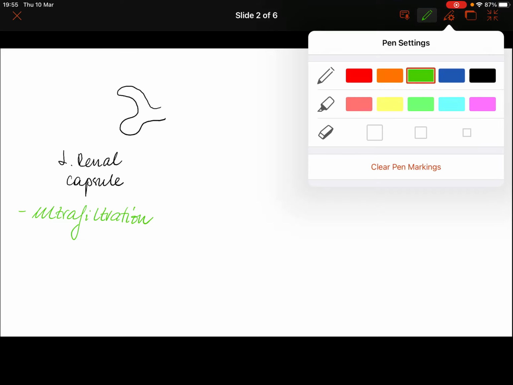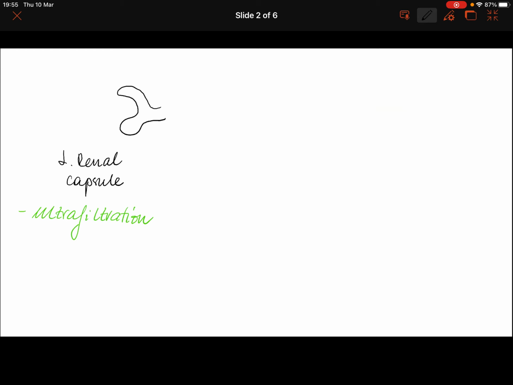Okay. Following the renal capsule, we can then go further to the next part of the nephron, which is called the proximal convoluted tubule.